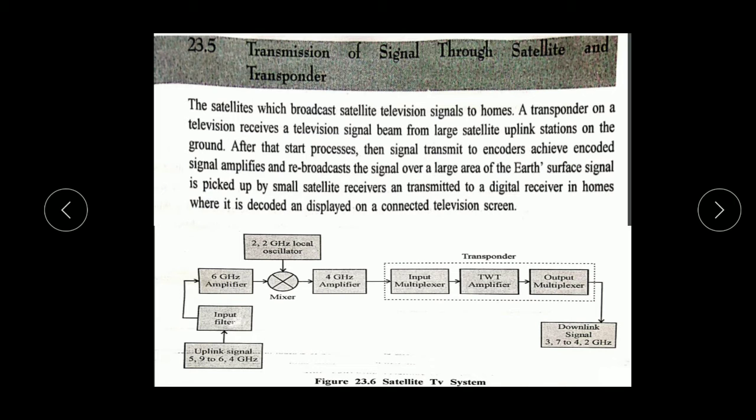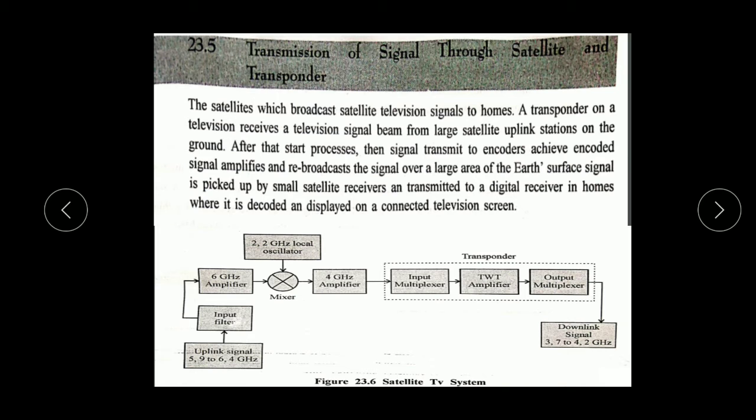Basically, the mixer is a frequency converter. It converts the frequency from 6 gigahertz to 4 gigahertz. Here an oscillator, the local oscillator, generates a 2 gigahertz frequency. So the output frequency of the mixer is 6 minus 2, equal to 4 gigahertz.